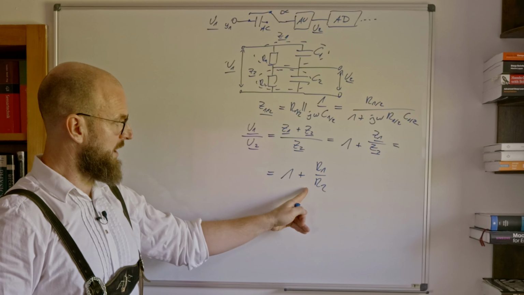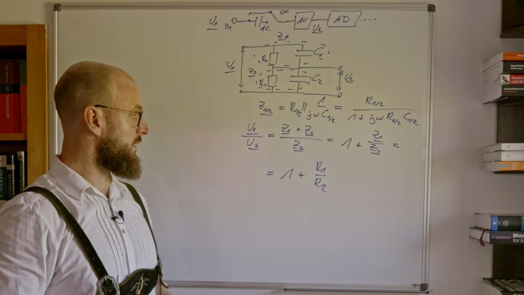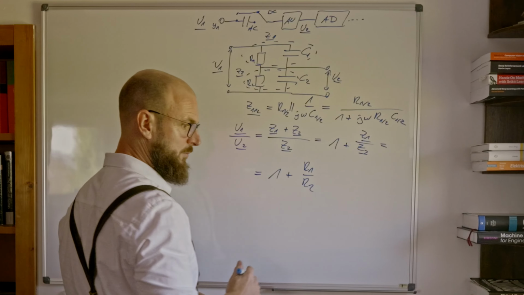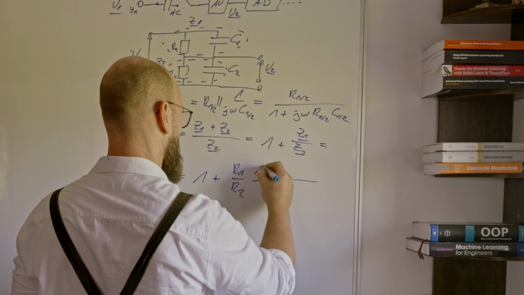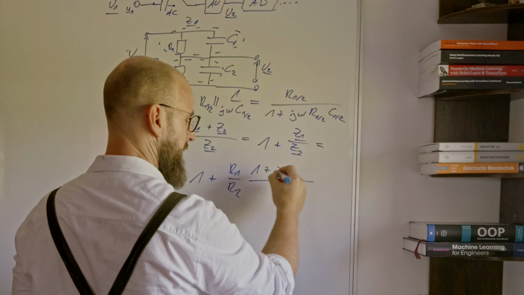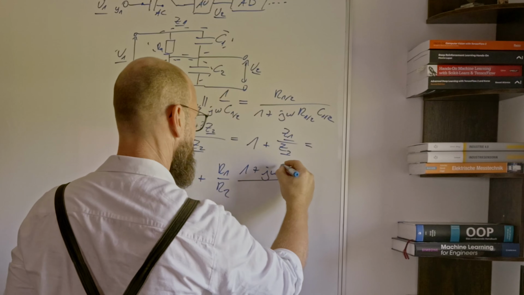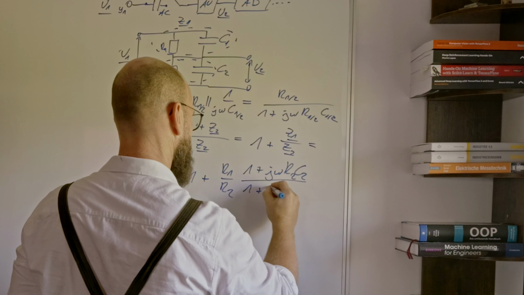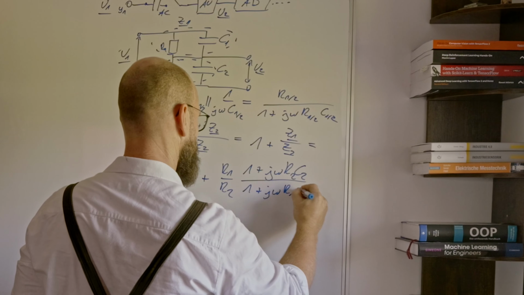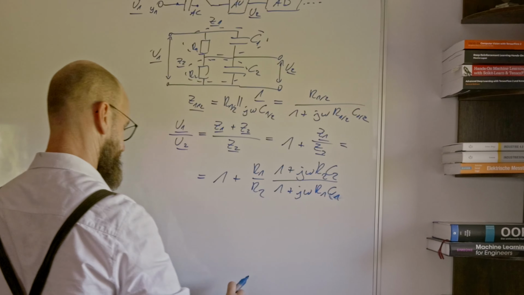And now that can be further evaluated to be 1 plus R1 over R2. That's the thing we would expect when there's only the ohmic resistor. But now the complex stuff comes into play and we get 1 plus j omega R1 C1 in the numerator, and 1 plus j omega R2 C2 in the denominator.